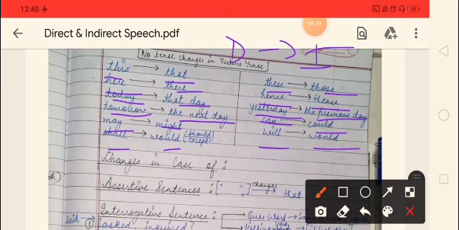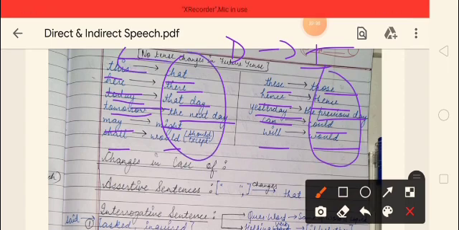Now, if we talk about what happens when we change from indirect speech to direct speech, then in indirect speech these are the words given, and you convert these words to the other side. Suppose in indirect speech that is given, you will change that to this, there to here, that day to today, the next day to tomorrow, like this.